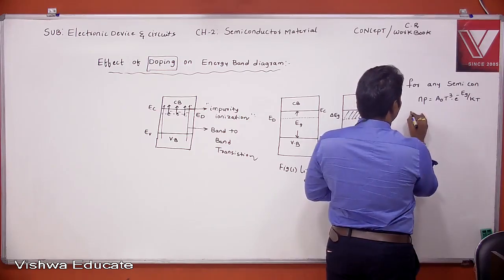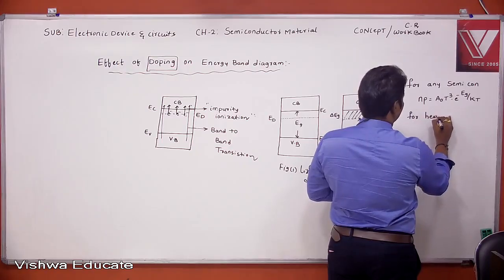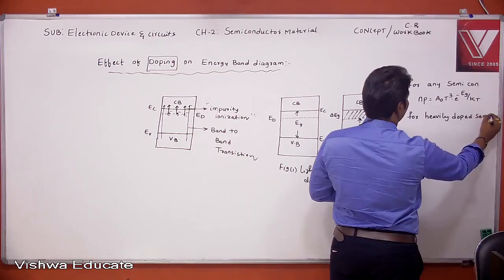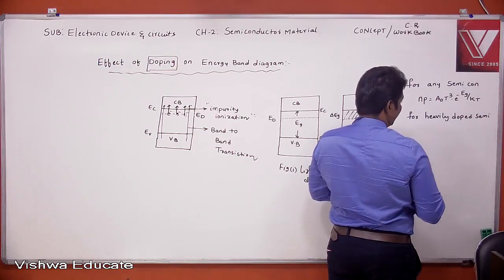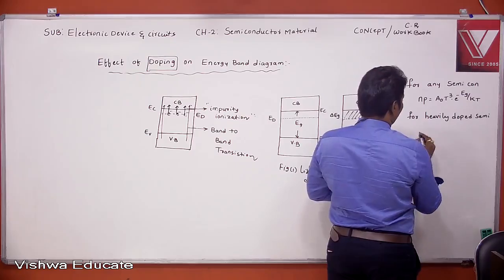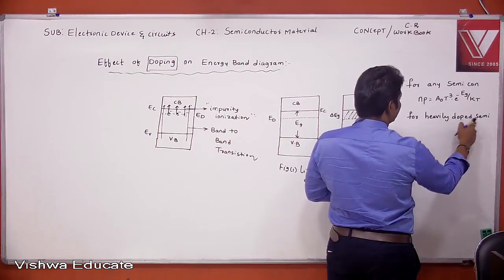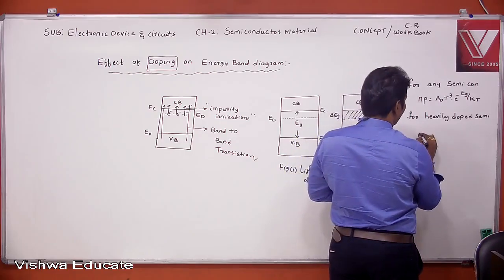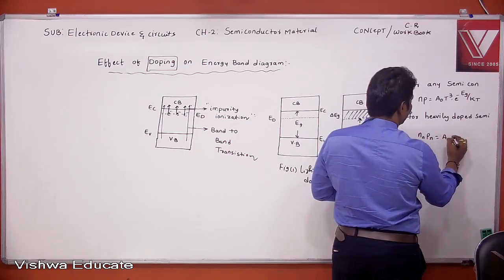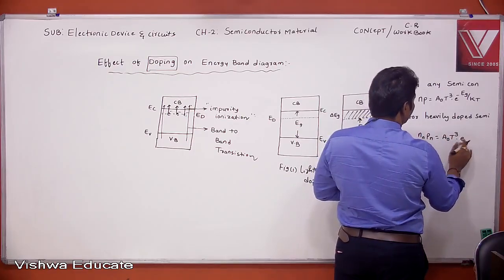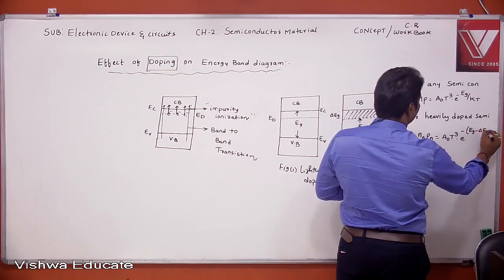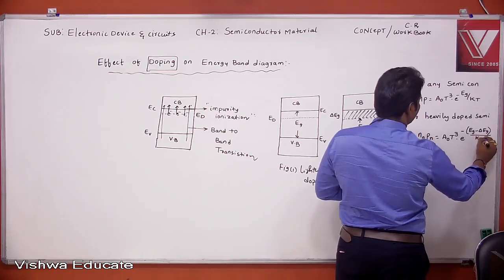Similarly for a heavily doped semiconductor, N-type or P-type, the energy gap decreases by an amount delta Eg. So nn into pn equal to A0 T cubed e power minus (Eg minus delta Eg) by kT.